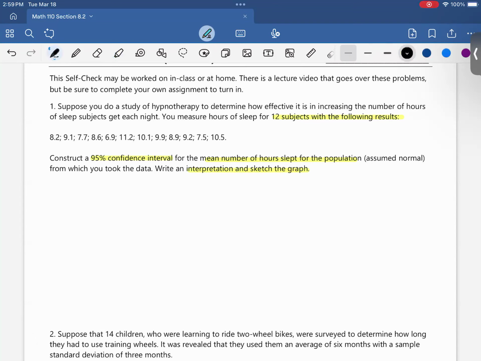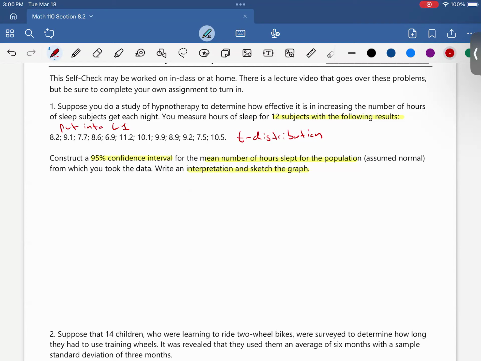Since we have such a small list of data, we only have 12, what we need to do here is use that t distribution. And more specifically, since we are just given a list of data, we need to put this list of data into list one.